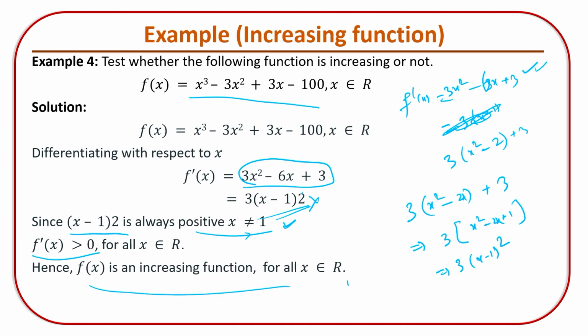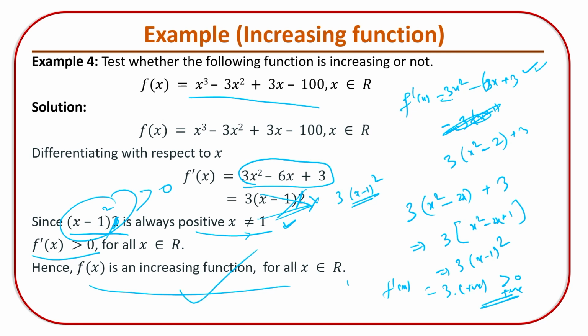So it's not 2 here; it is wrongly written here. This is x minus 1 whole square, right? And a square of any number is always positive. That's why x minus 1 whole square is always positive, and henceforth f dash of x, 3 into some positive number, is always positive, and hence this function is an increasing function.